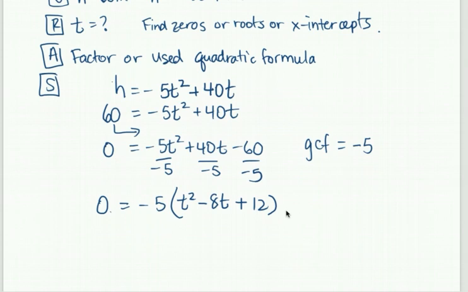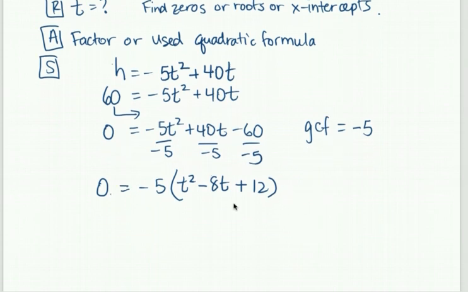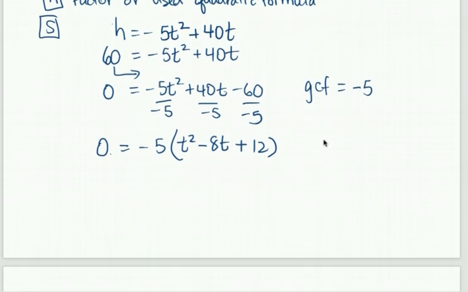And then from there, now we're going to factor what's in here. Again, use the guess and check method. Otherwise, if you are still comfortable with adding and subtracting, you have a simple trinomial here. You have -8 to add to, but you have to multiply to 12.